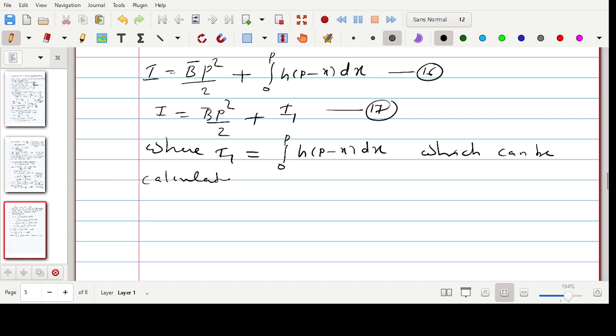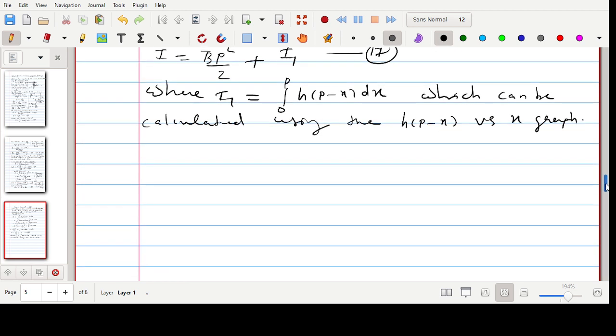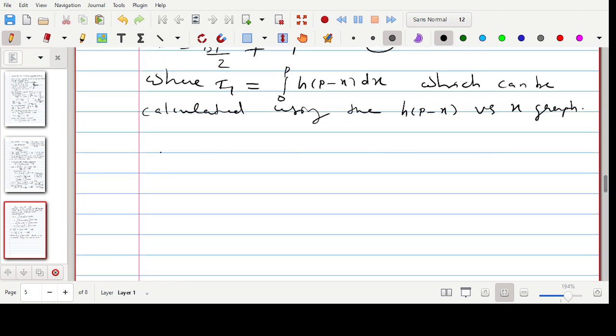Which can be calculated using the h into p minus x versus x graph. How can we calculate that? This will be given by the area under the graph. See that graph?